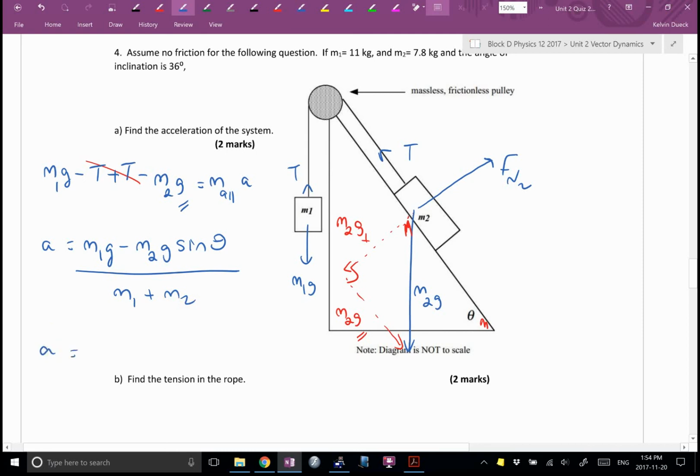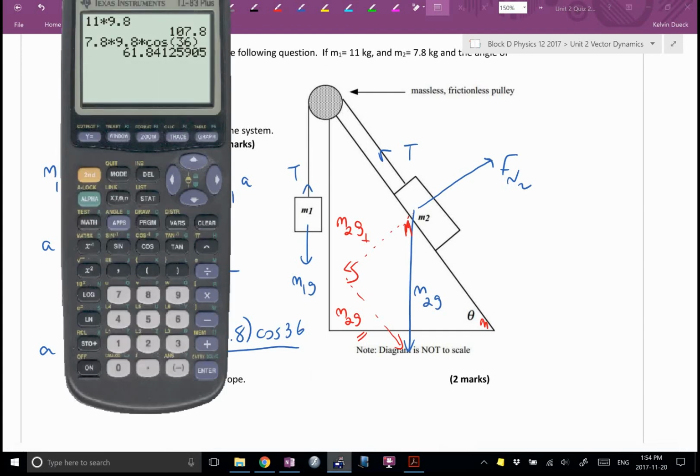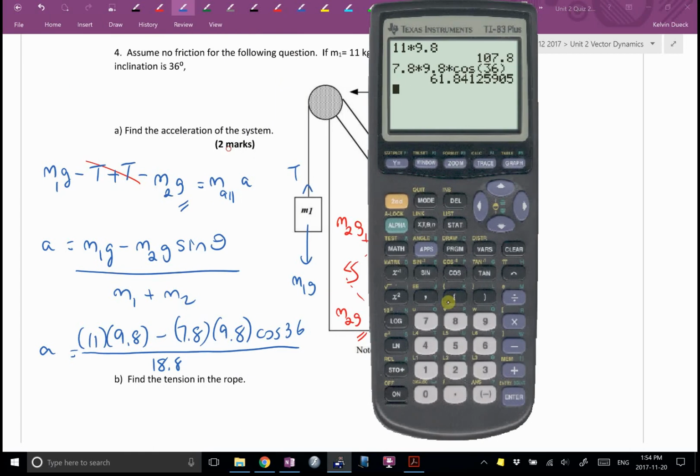A is going to be M1G, 11 times 9.8, minus 7.8 times 9.8 cos 36, all divided by 18.8. I bravely added them together in my head.